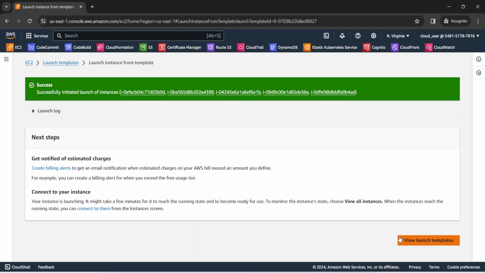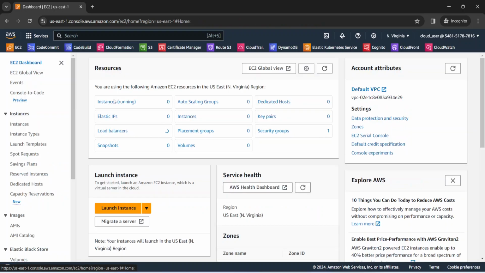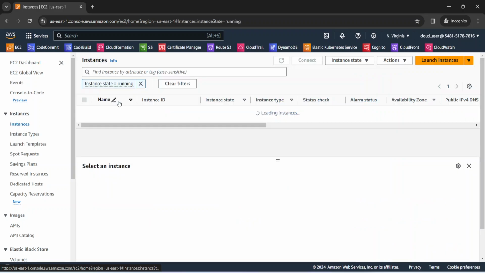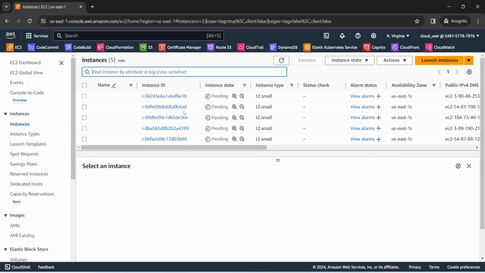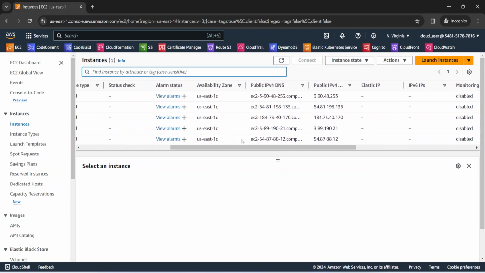Successfully initiated launch of instances. So we'll go to EC2 back again, instances running. So we'll just load it. So instance state is pending. We can see how fast the automation is here. So with a single launch template, we are able to launch 5 identical EC2 instances.